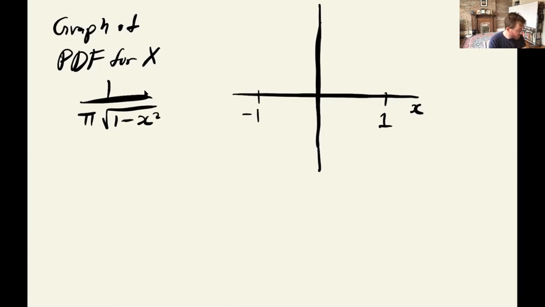Well, if we think about what happens when we plug in x equals 0, this ends up being 1 over pi. But what about what happens at x equals, let's say, a half?